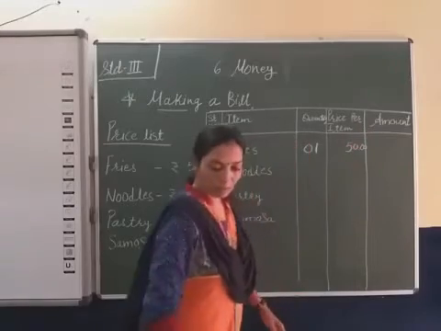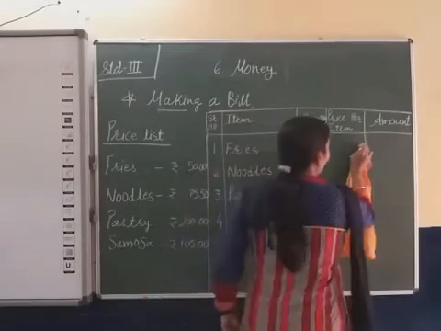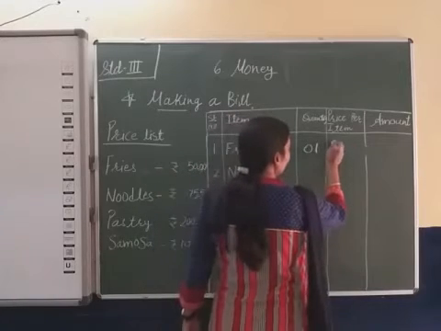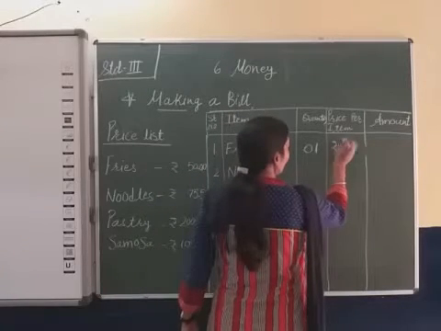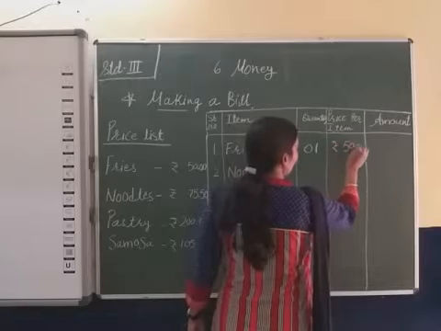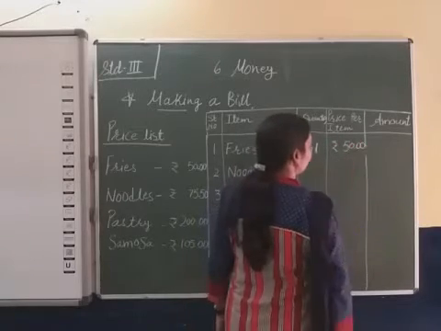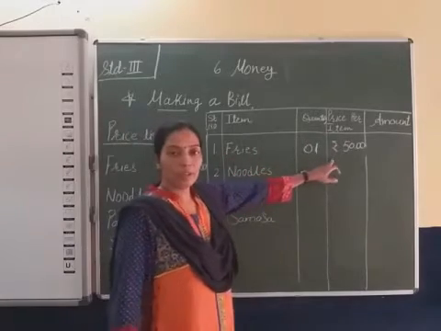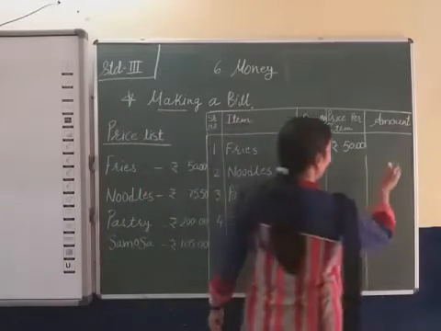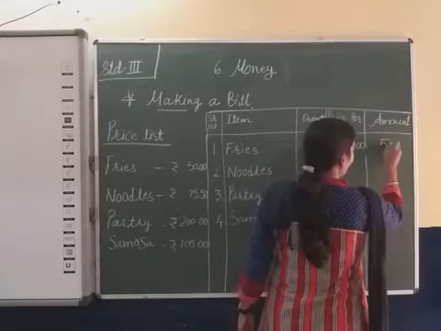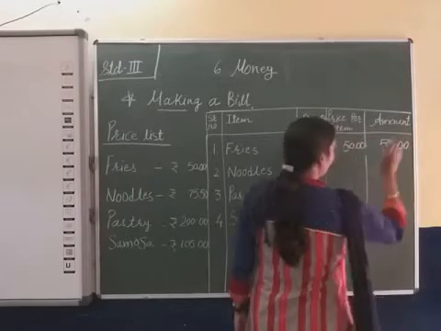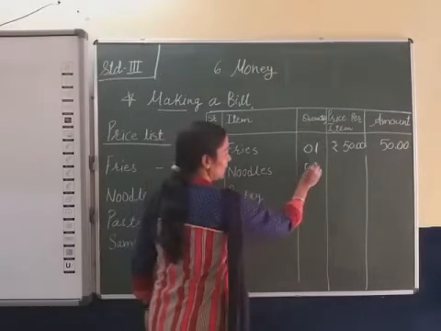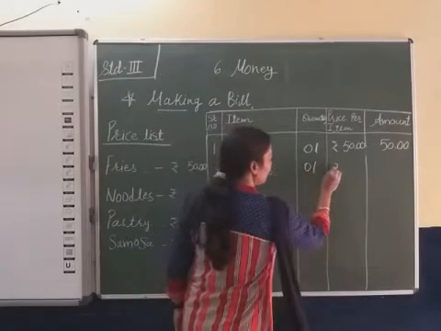Let me write it on the board. Rupees 50. So the price for only 1 plate is rupees 50. Here also it comes 50. Noodles 1 plate, rupees.